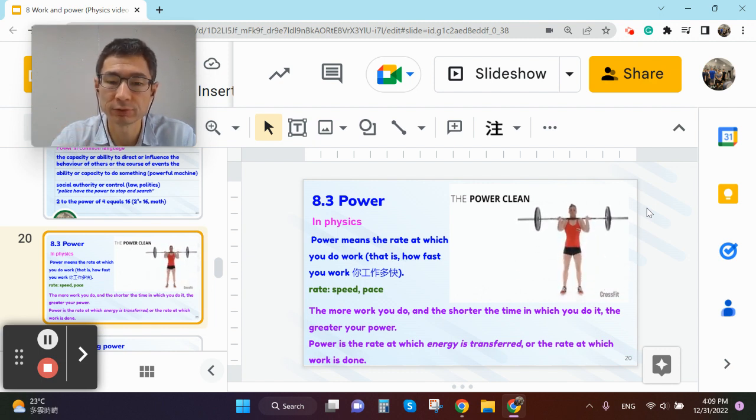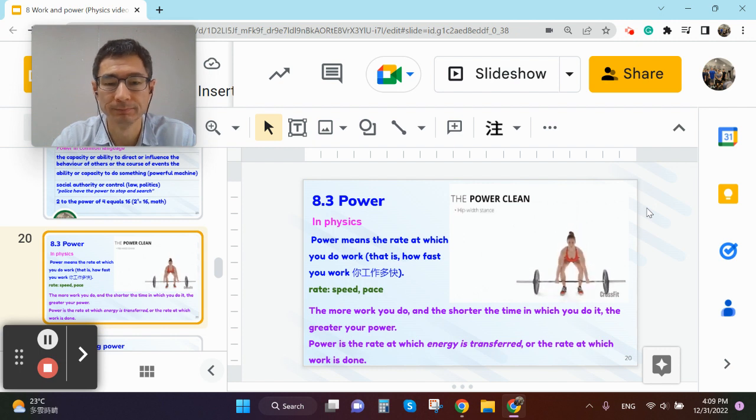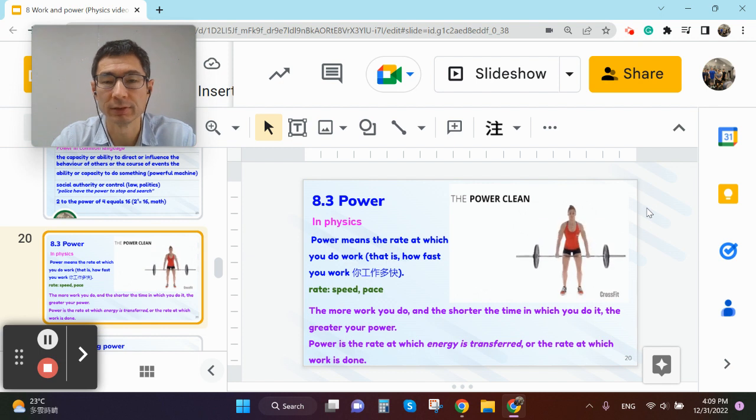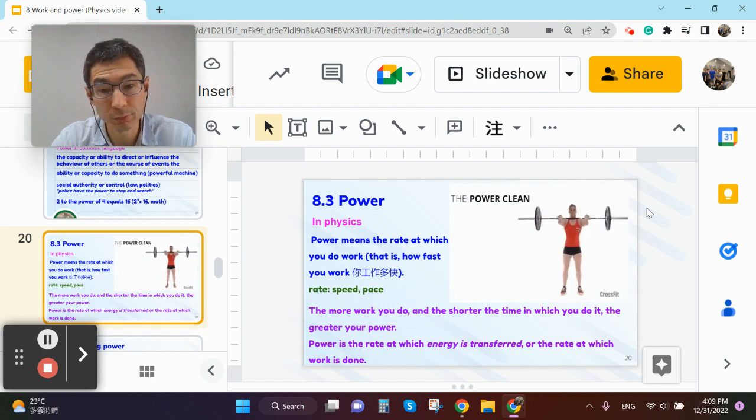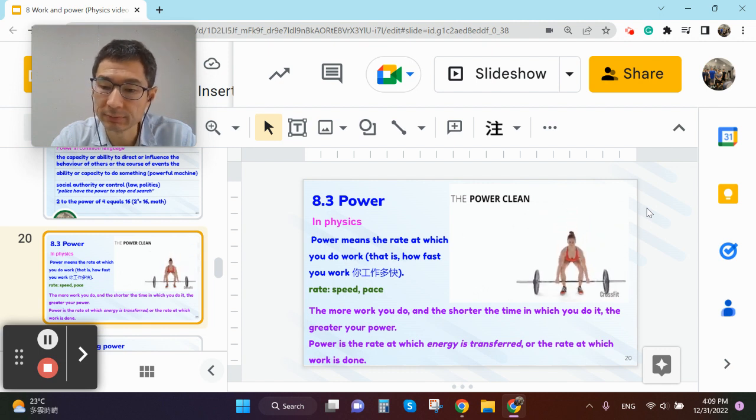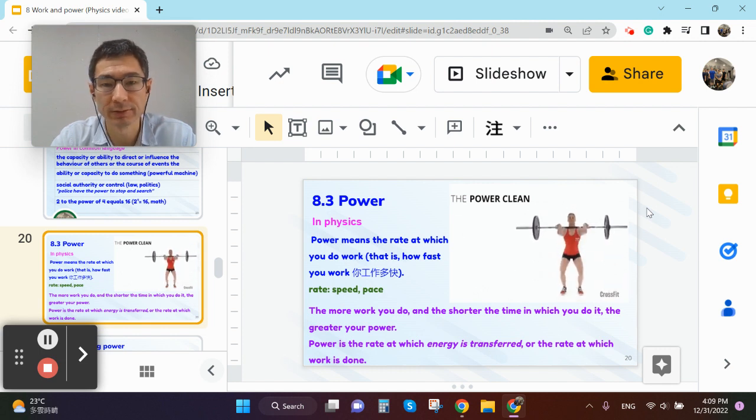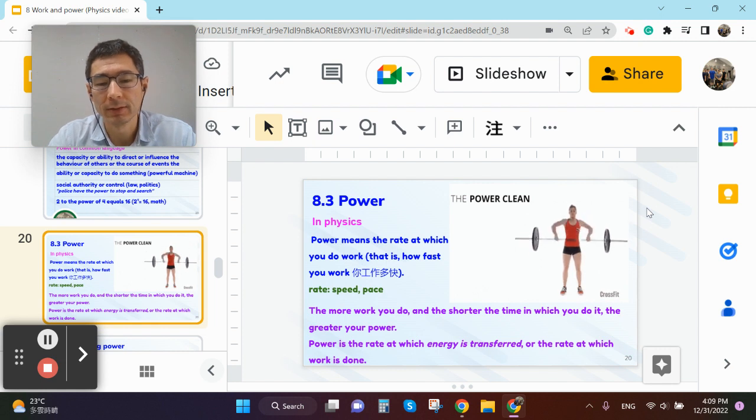If you can do it in a shorter time, that means you are powerful. The more work you do and the shorter the time in which you do it, the greater your power.